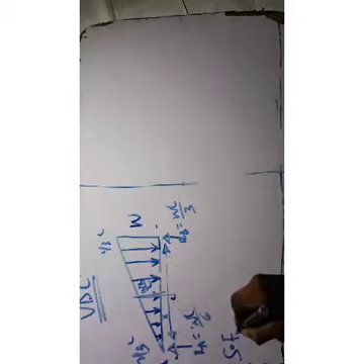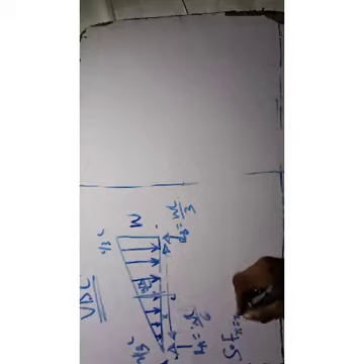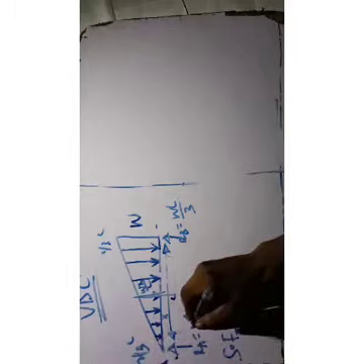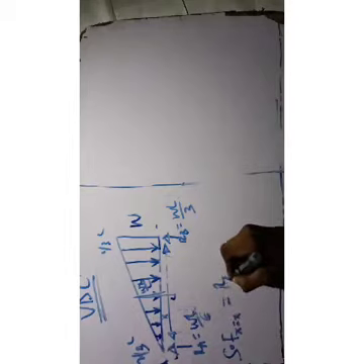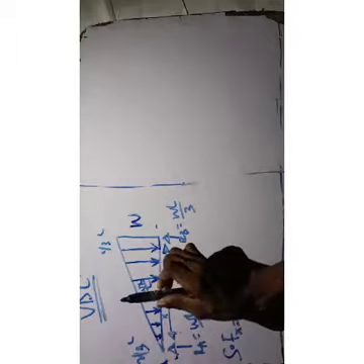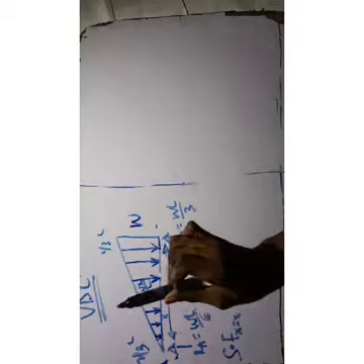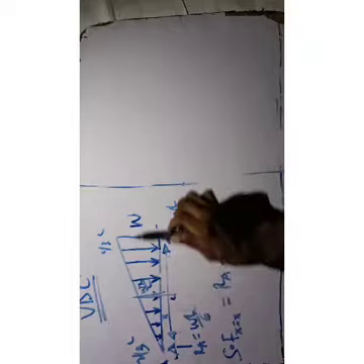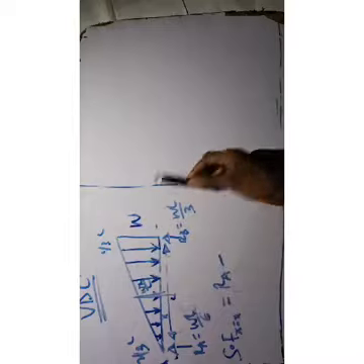So now we have our small x for each section. For any section, the shear force F(x) will be equal to your RA, which is WL over 6, minus the load at the point you are sectioning.